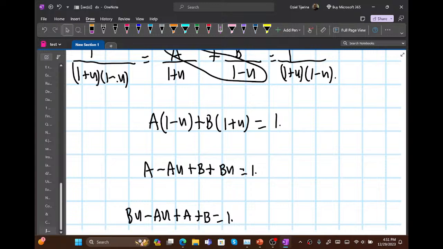Oh my god, they're so loud. Then so then, hold on. Just go from a plus b equals 1.